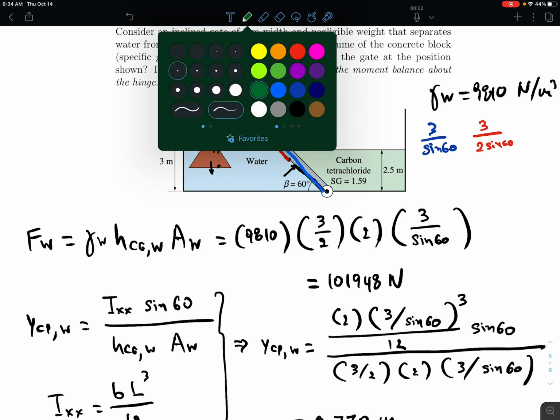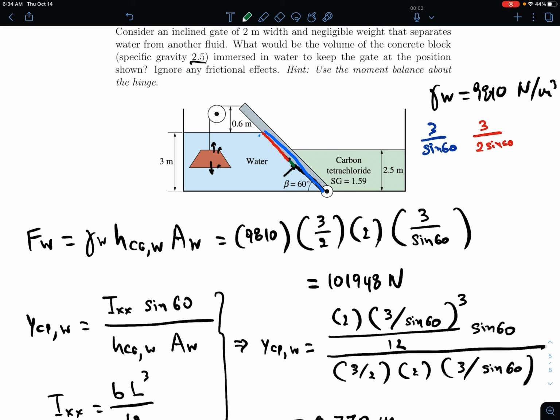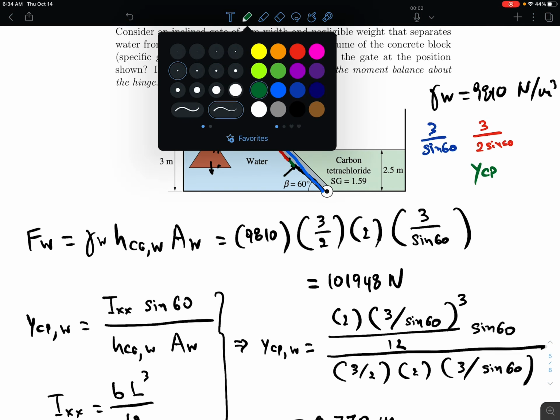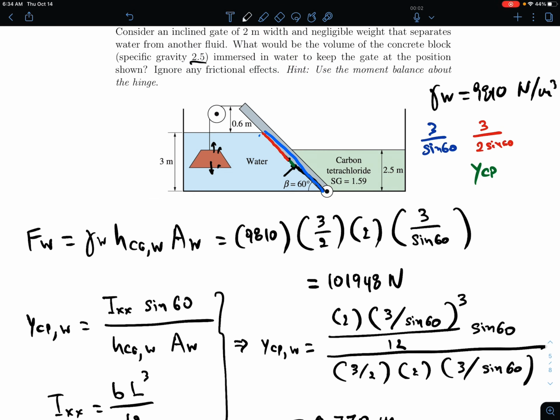And we also need that distance here. So if we have blue minus red minus that green distance, will give us the moment arm. And we're going to do the exact same thing on the other side in the carbon tetrachloride.